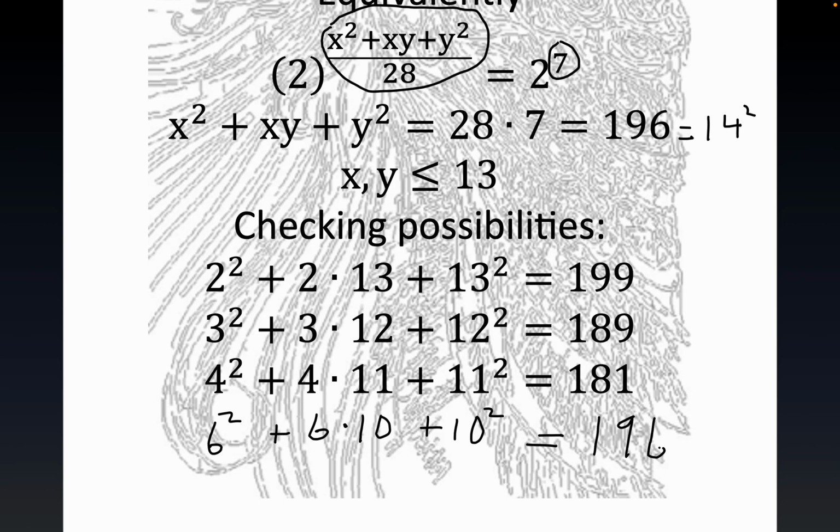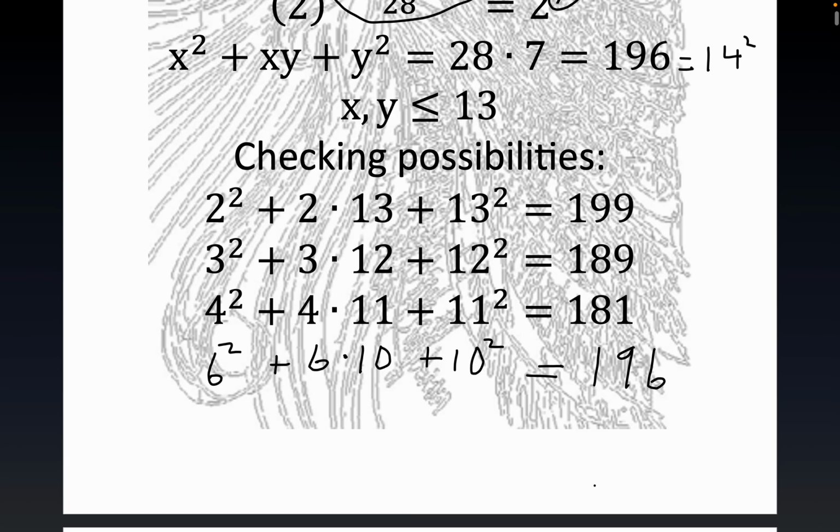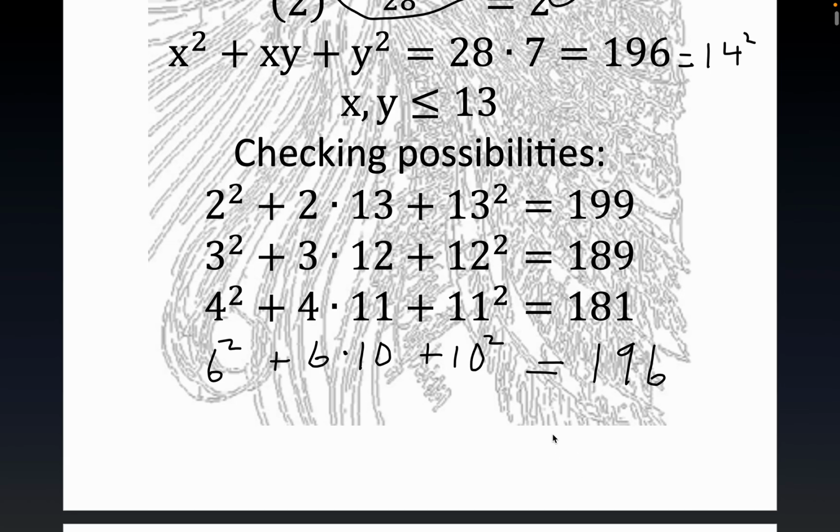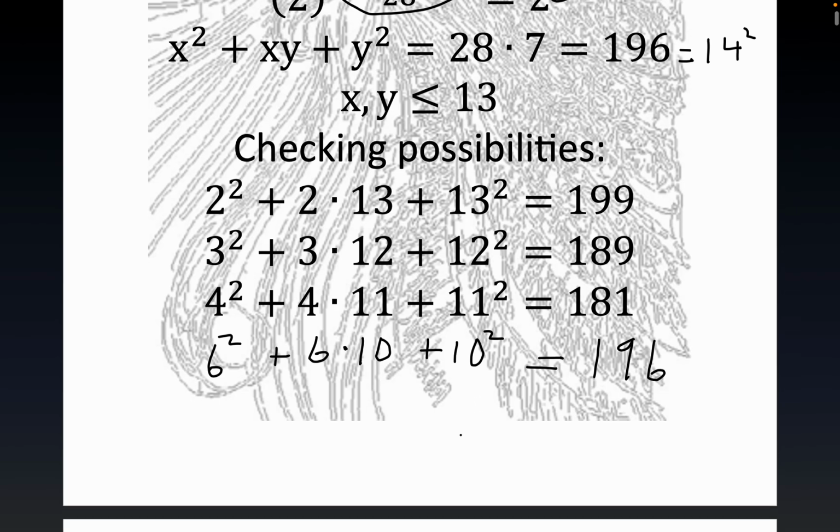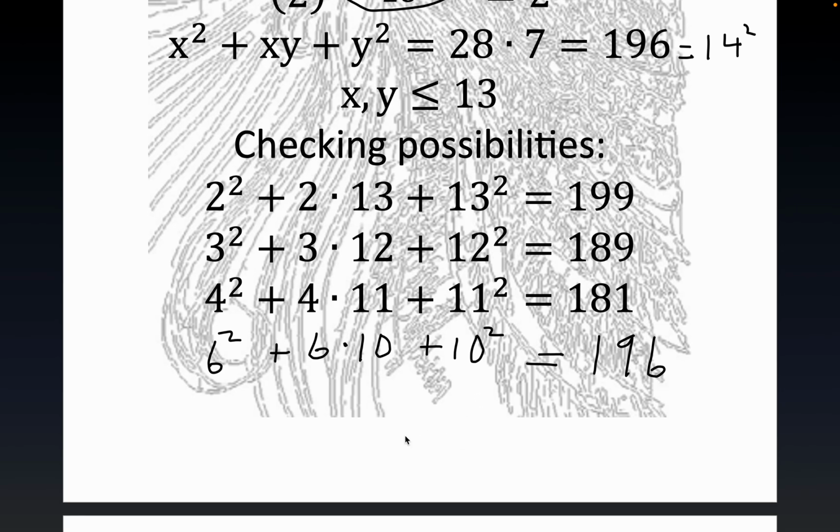Now, I don't even know if it's the only one, but it is one. I'm fairly sure it's the only one, but I've been wrong so many times. Sometimes there's surprises that you just don't see. I could systematically go through all the possibilities, I suppose, but I don't feel like doing that. But we did find one solution. So we get (6, 10) as a solution.